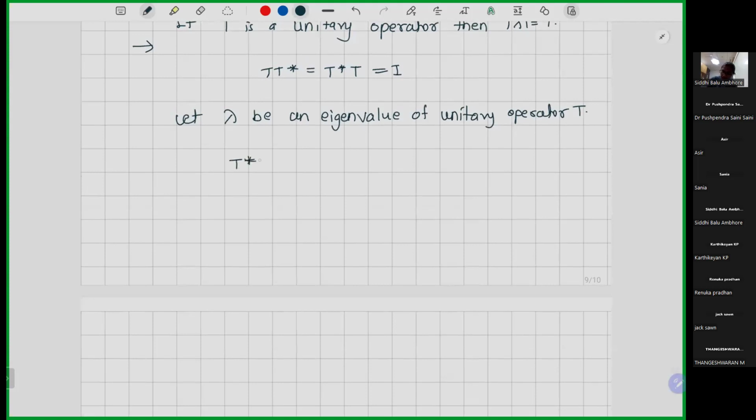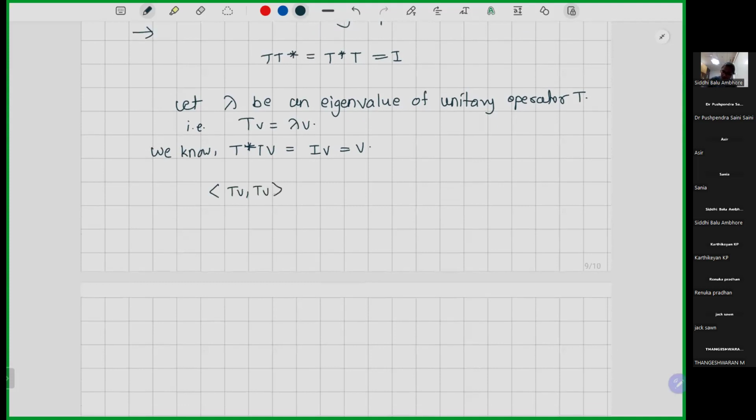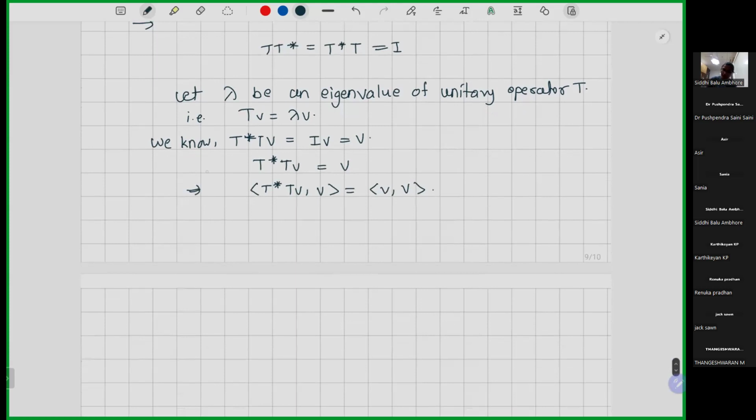So this implies what? T star TV is equal to V, we have this, and from this we also have TV is equal to lambda V. We know this whole thing. So if I take TV comma TV, since T star TV is equal to V, this implies, if I take this inner product, TV comma V is equal to V comma V, right?